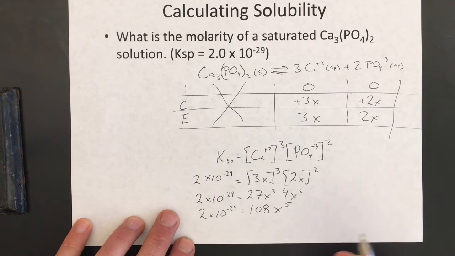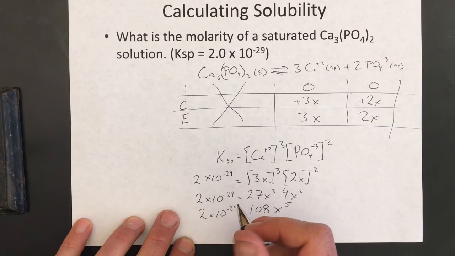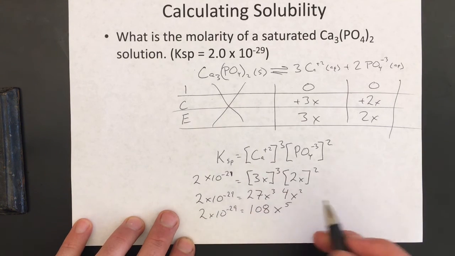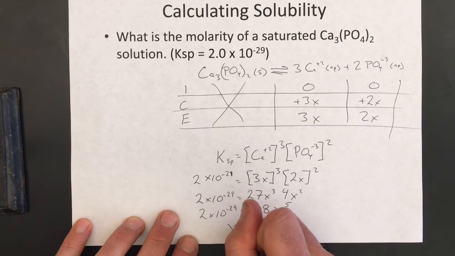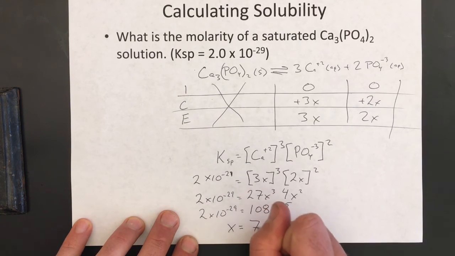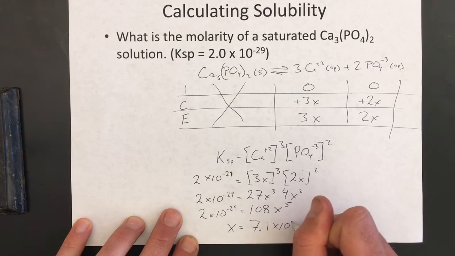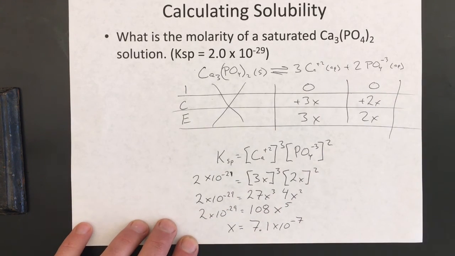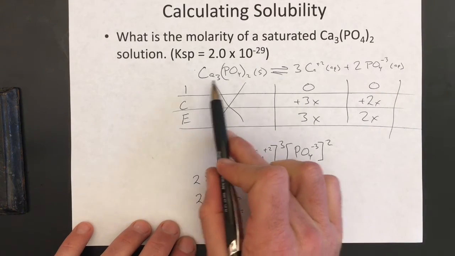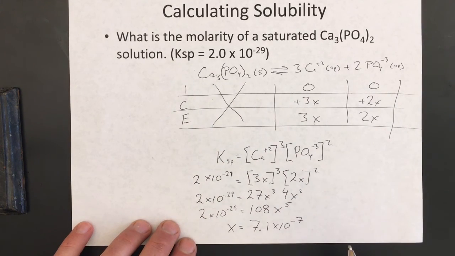Divide both sides by 108 and then take the 5th root, and you get that x is equal to 7.1 times 10 to the -7. Okay, so since x is 7.1 times 10 to the -7, that would be the molarity of the calcium phosphate.